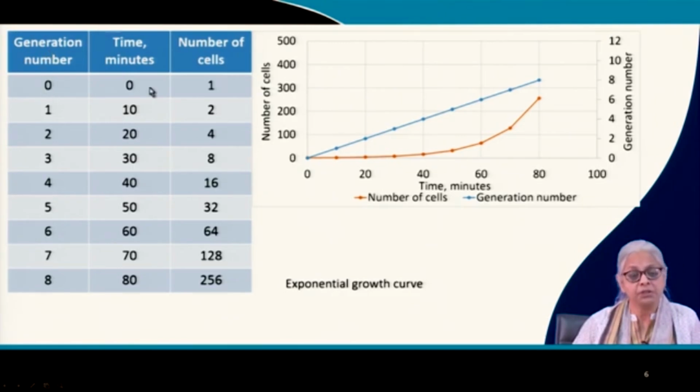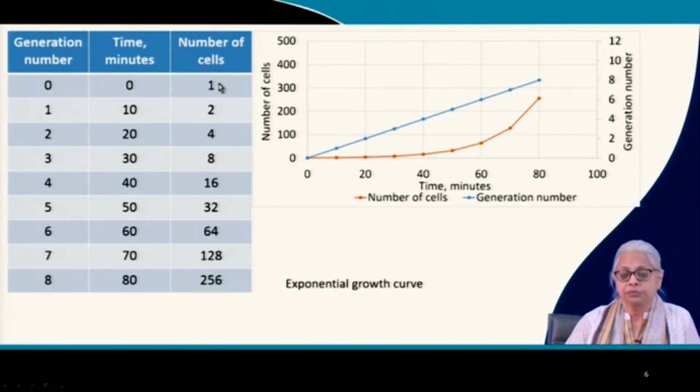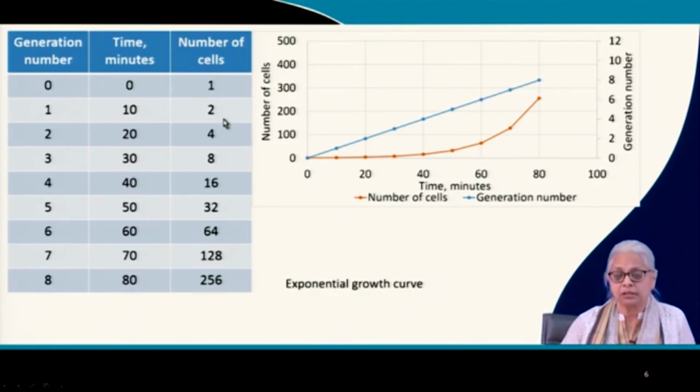Now our first generation, assuming our starting point is a single cell, so the first cell is 1, it goes to 2, 4, and so on. This is what you see over here over a period of time, assuming that the doubling time for this particular hypothetical case is 10 minutes.